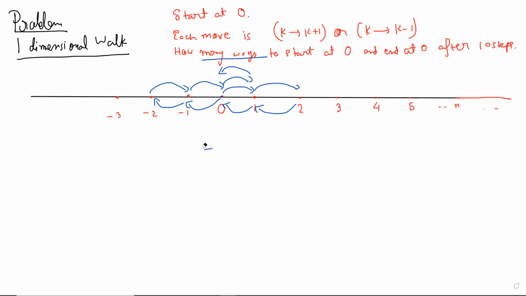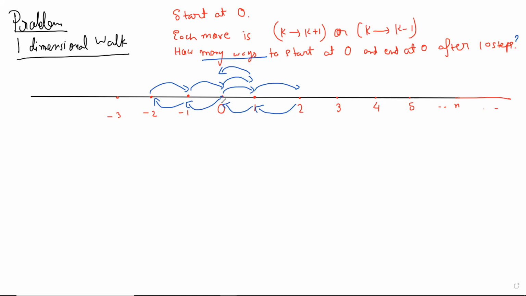Is the question clear? Just first see that, and then in total how many? So you're mentioning that in this problem, can you just explain it a bit again? Yes, sure. Basically, you want to start at the origin and make a sequence of moves and come back to the origin.